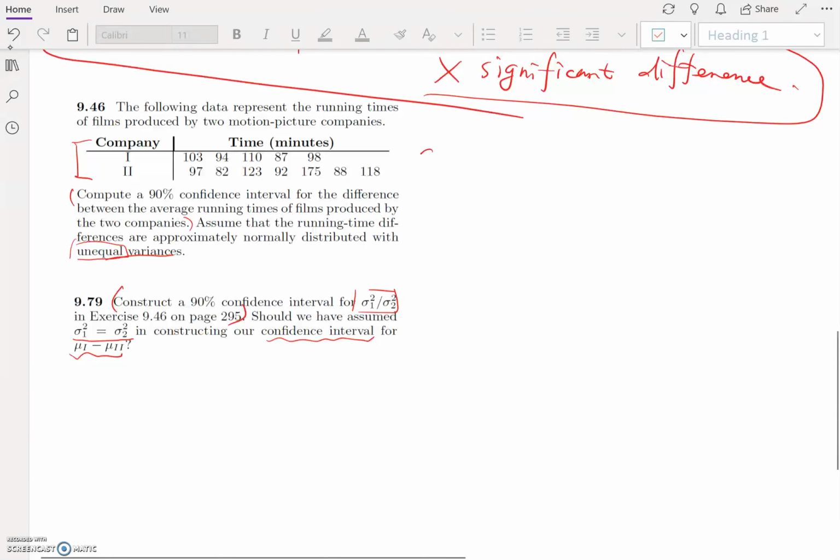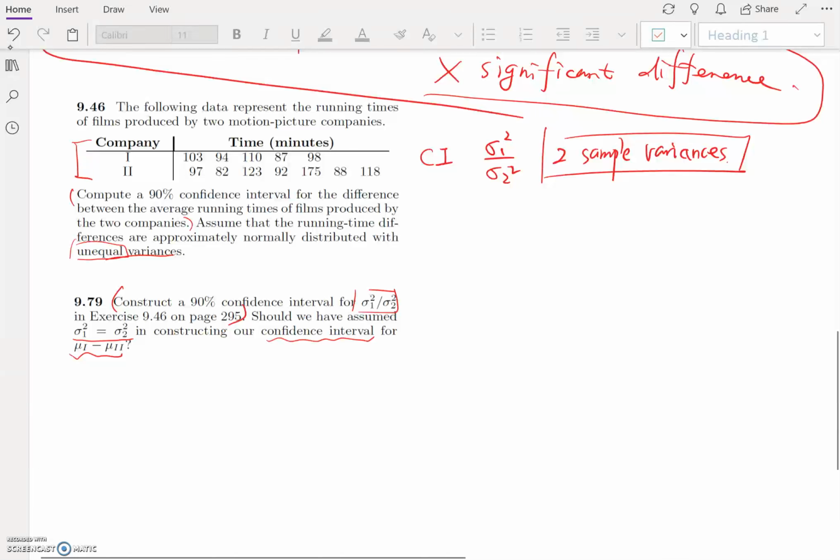So this is the problem for the confidence interval for sigma 1 squared divided by sigma 2 squared. This is the two sample variance case. This is covered by the lecture.